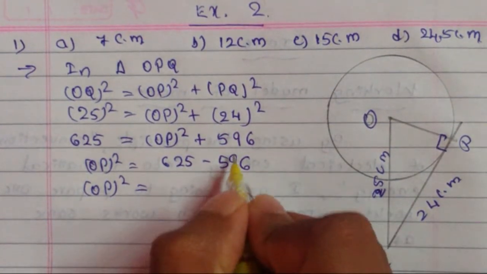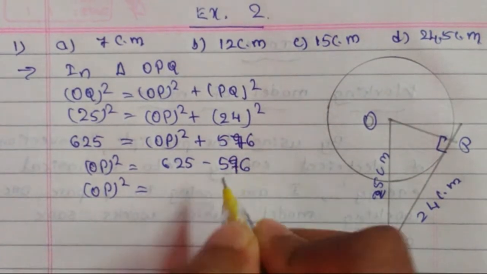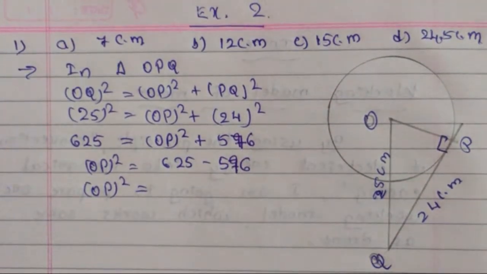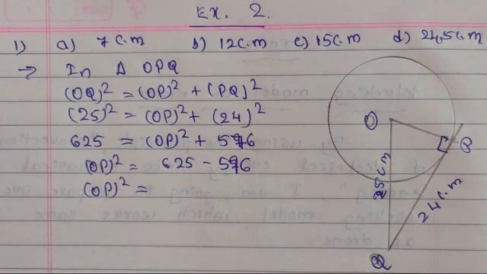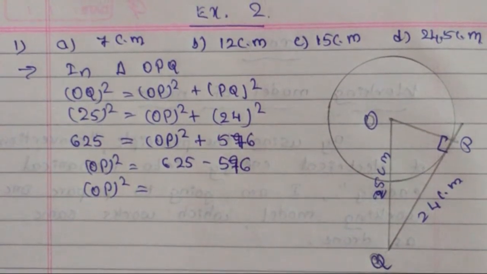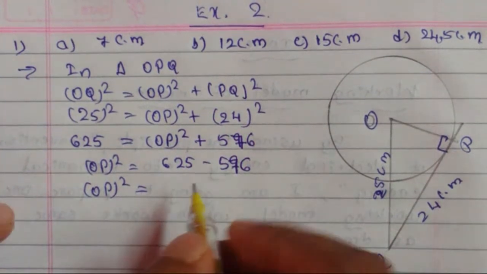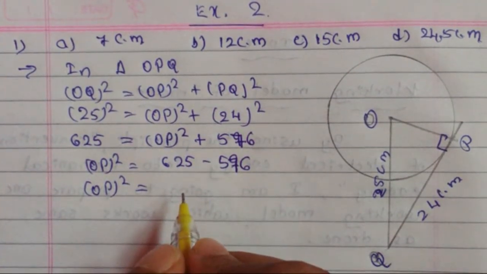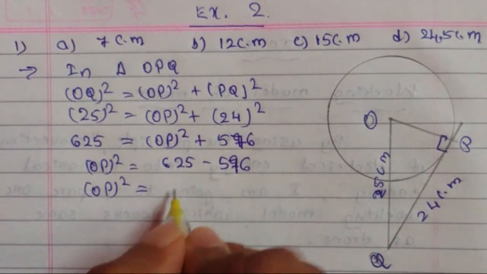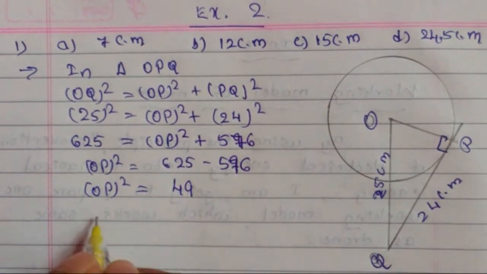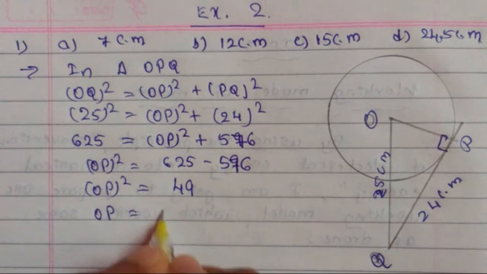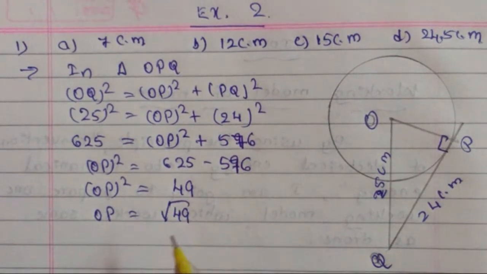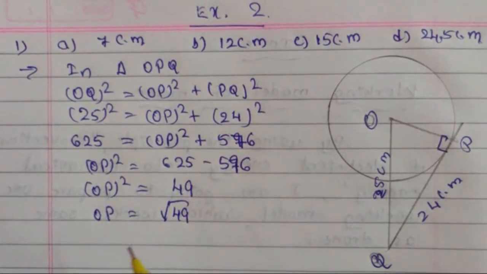OP square is 625 minus 576, that is equal to 49. So therefore OP is equal to the square root of 49. What is the value of the square root of 49? Comment me fast.